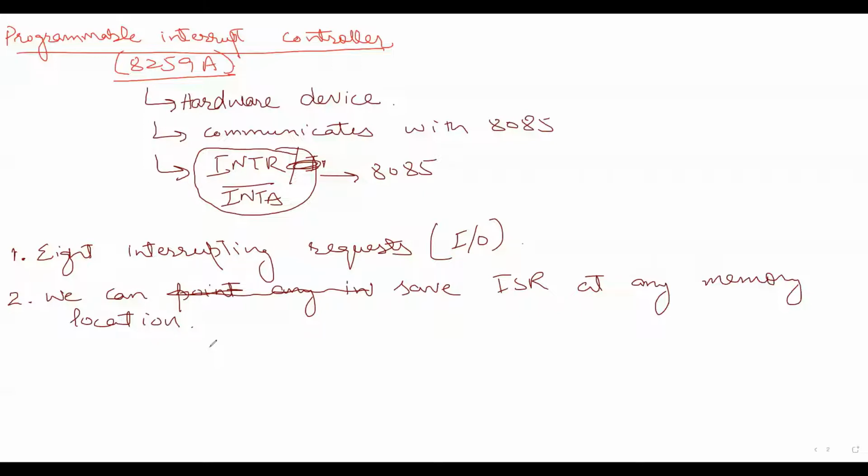Fine. But there is one thing we have to keep in mind. We can handle 8 interrupting requests, so that means there will be 8 interrupt service routines. And the starting addresses of these 8 interrupt service routines are spaced at an interval of either 4 locations or 8 locations.